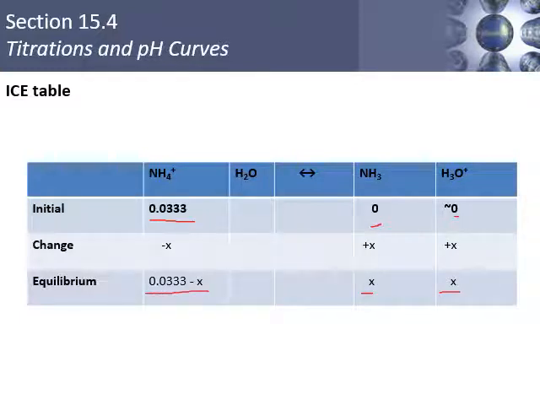So we're going to end up with whatever Ka is for NH4 plus, which is 5.56 times 10 to the minus 10th, equals x times x divided by 0.0333. Solve for x. When we solve for x, we look back over here to see what x stands for, and it stands for H3O plus, which means we're in good shape because we take whatever we got for x, take minus the log of that, and we have the pH, and we're finished.